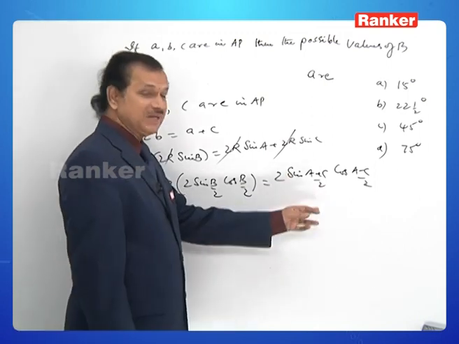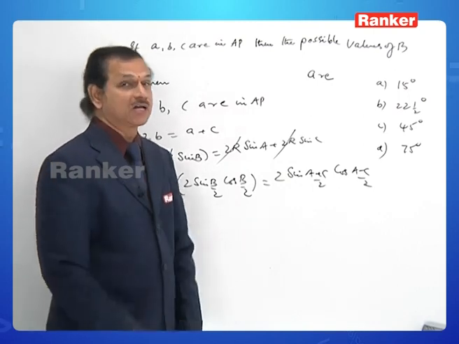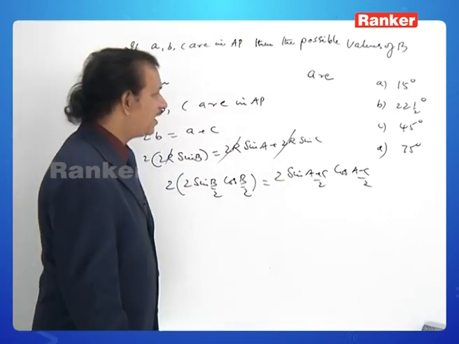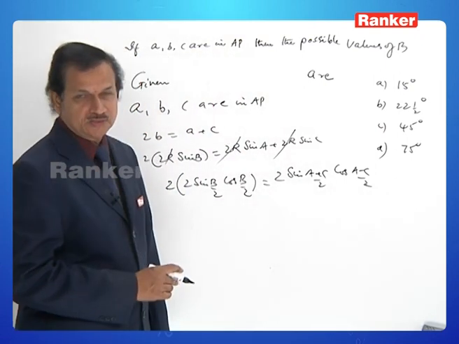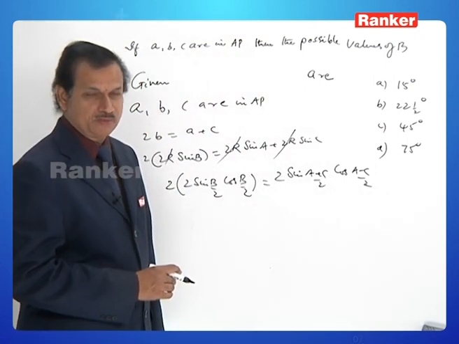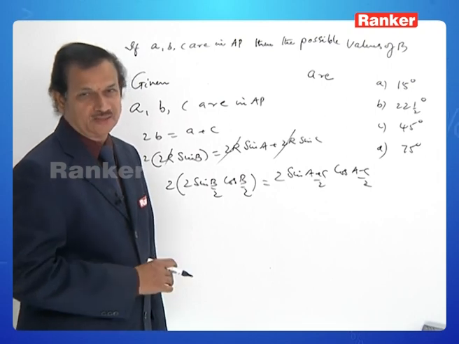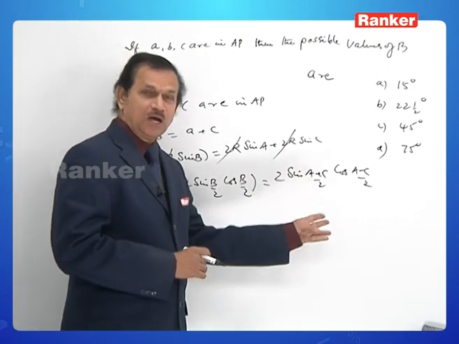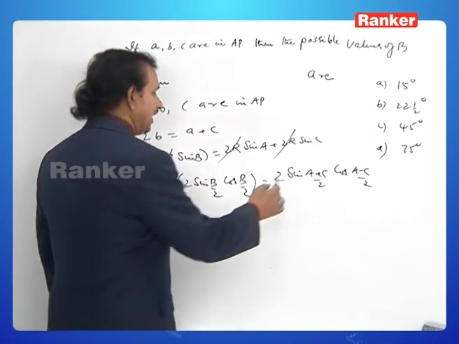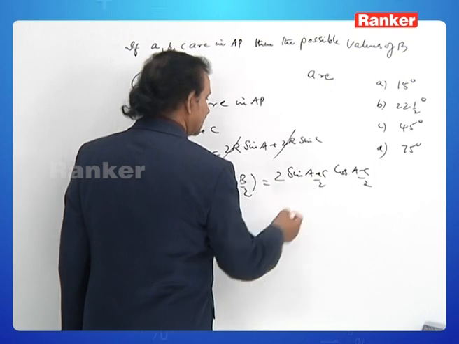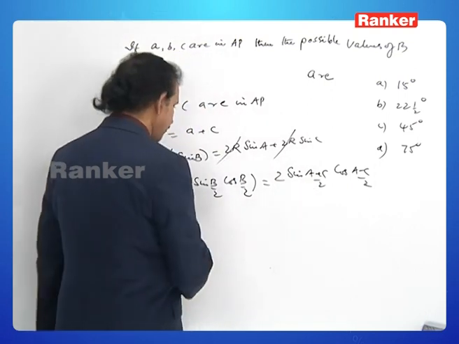You see, A plus C by 2 and B by 2 are complementary. Why? A plus B plus C is equal to 180. Therefore, A by 2 plus B by 2 plus C by 2 is 90. Therefore, A plus C by 2 and B by 2 are complementary. As they are complementary, you can have this as cos B by 2, isn't it?